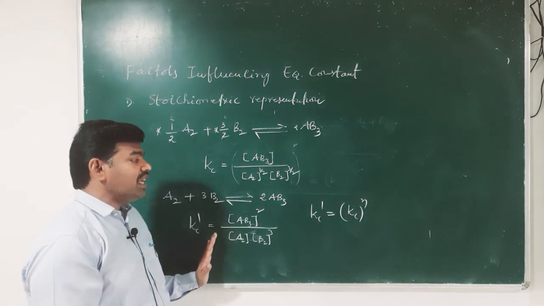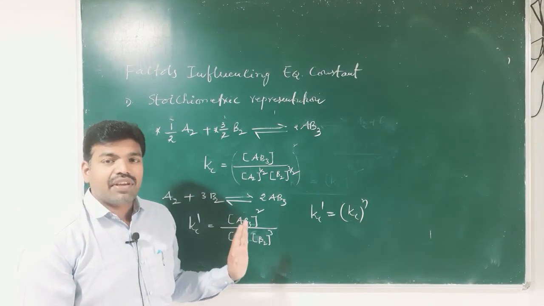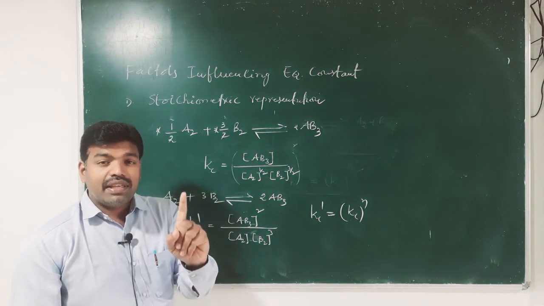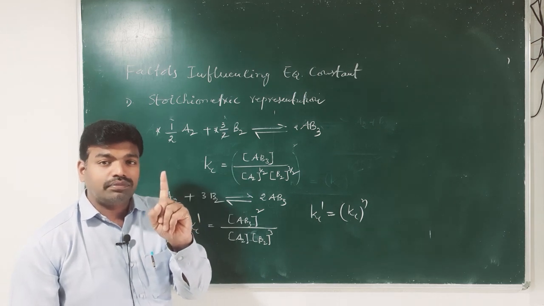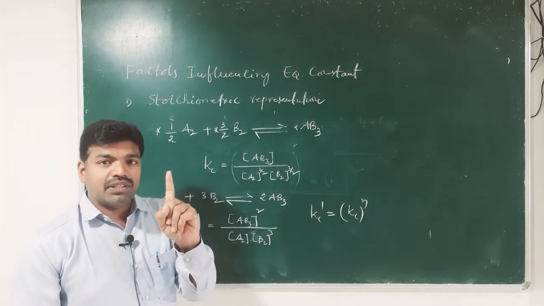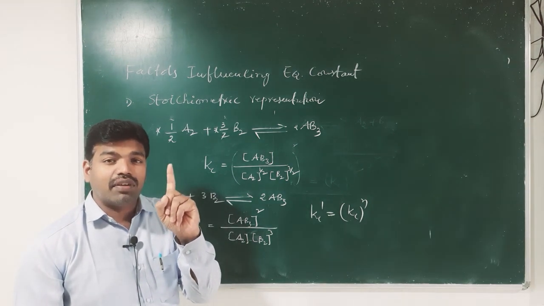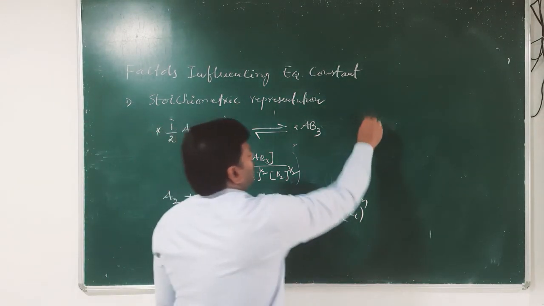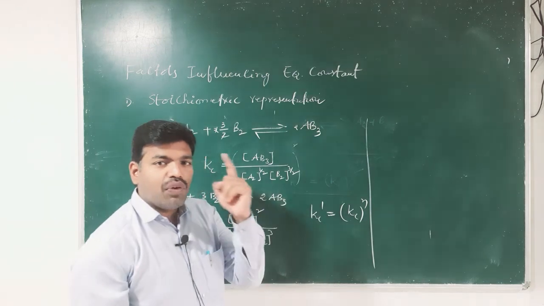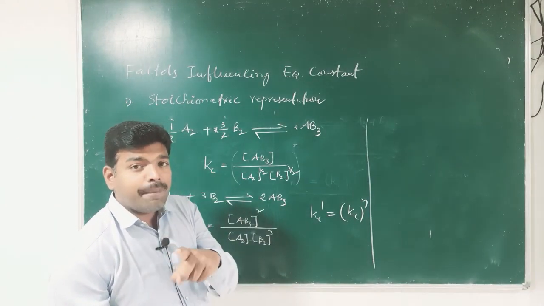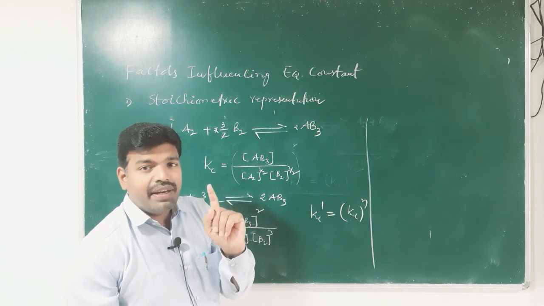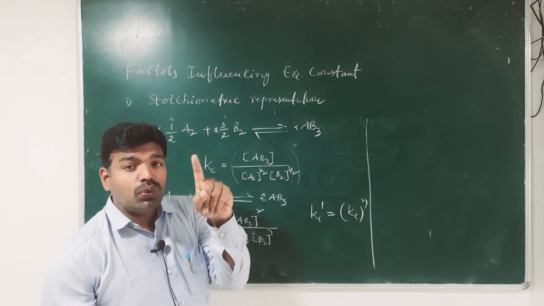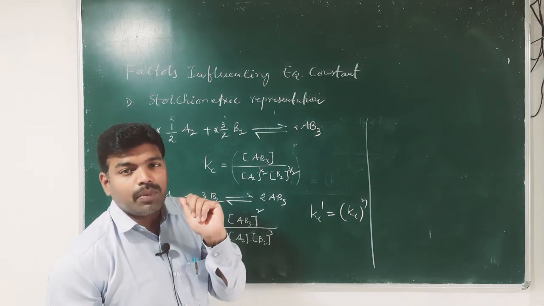So, when we multiplied the equation with a factor n, the new equilibrium constant will be the nth power of the previous value. What you should keep in your mind is that when we divide an equation with a factor n, then the new equilibrium constant will be the nth root of the previous equilibrium constant.